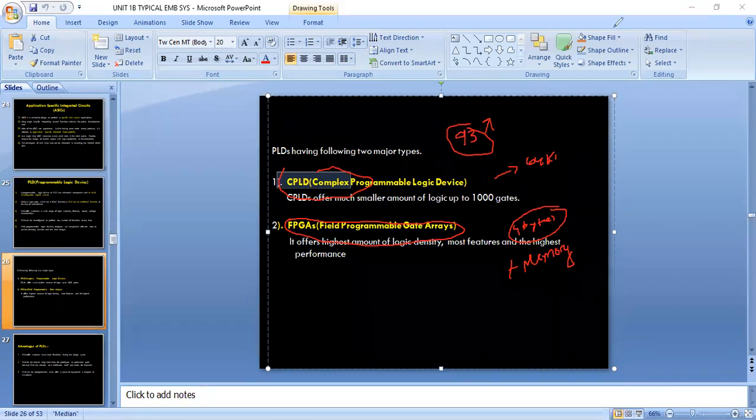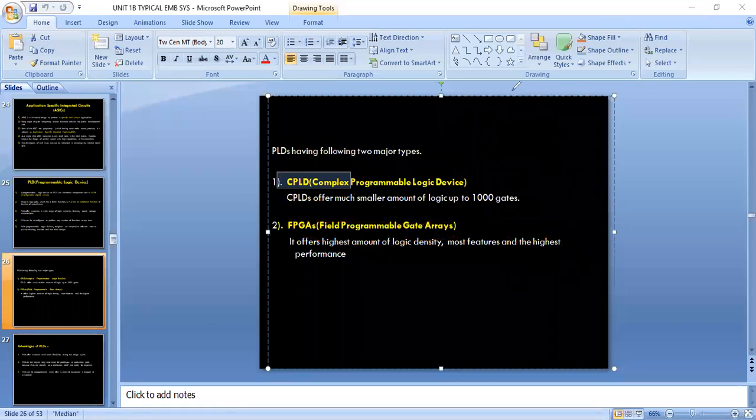How does this FPGA look? There are many companies making FPGAs. Altera is a company, Spartan is a company.